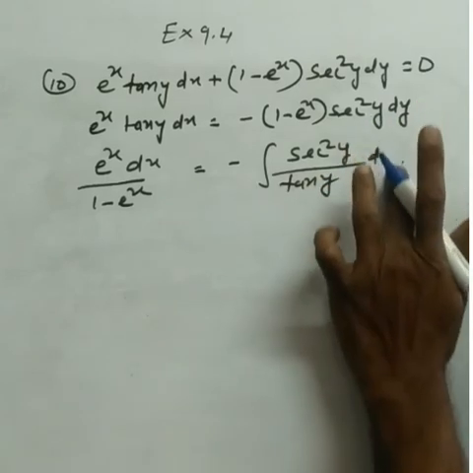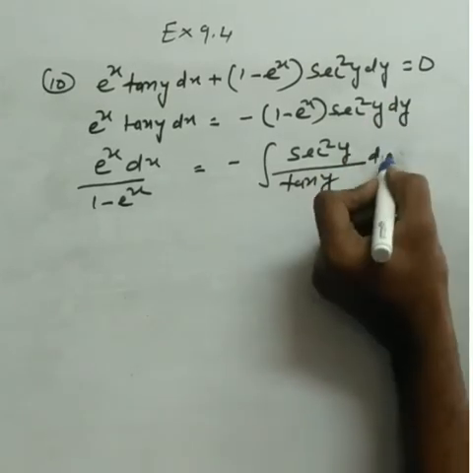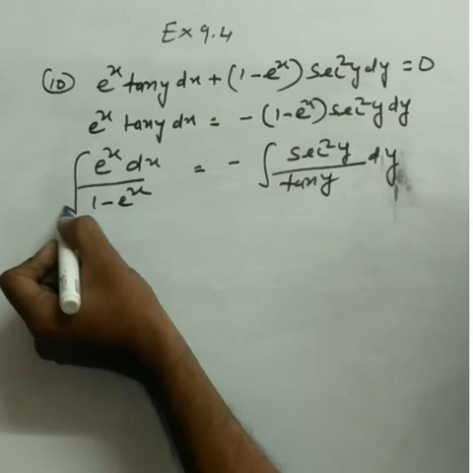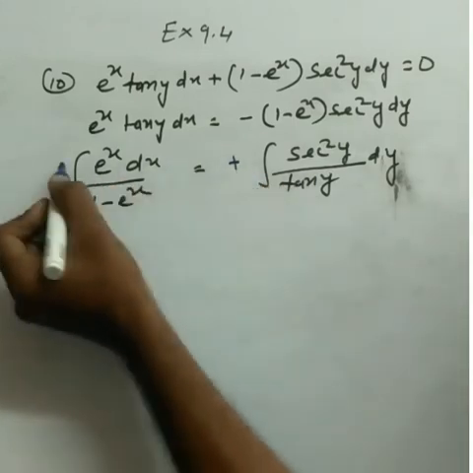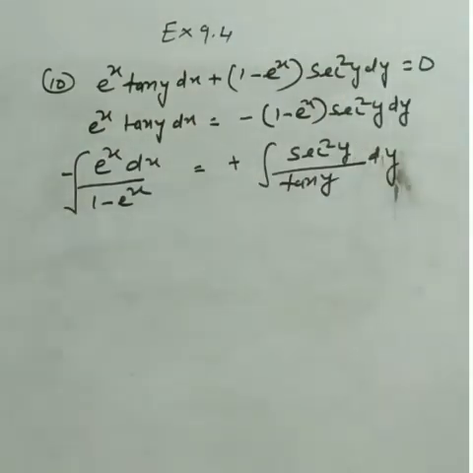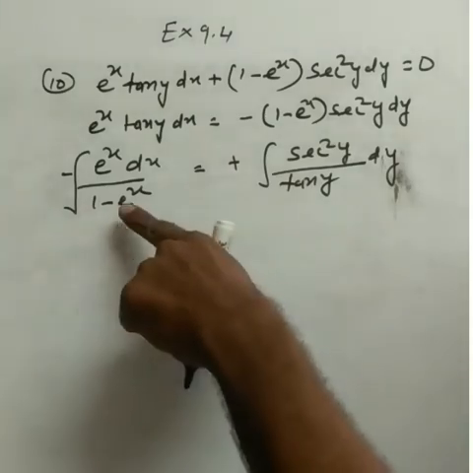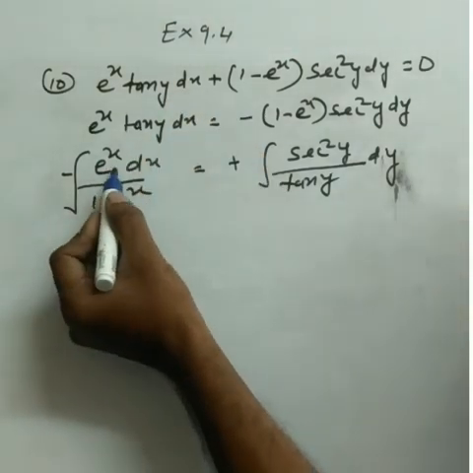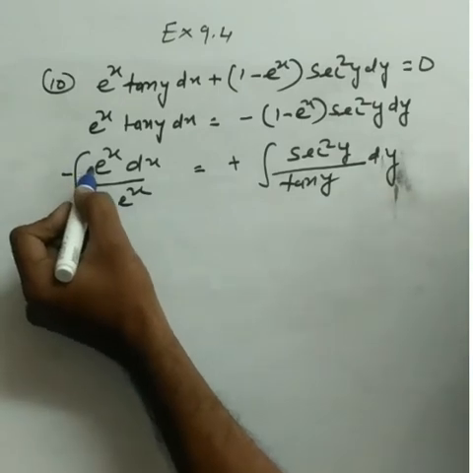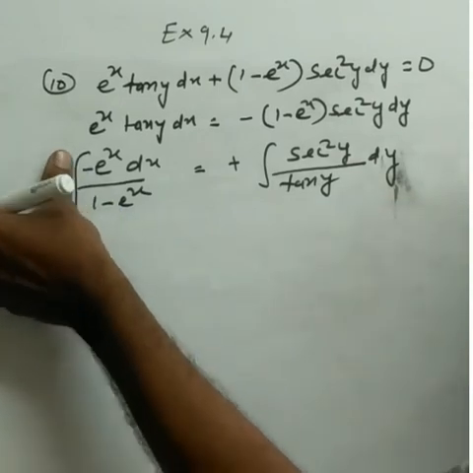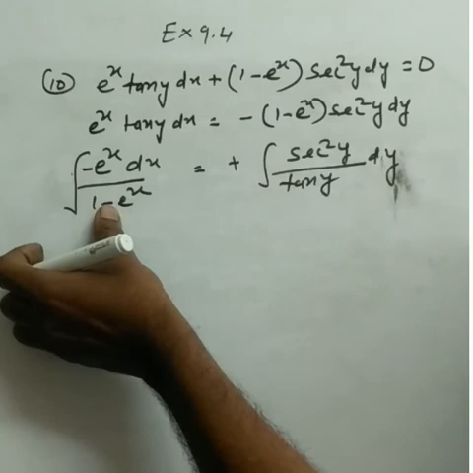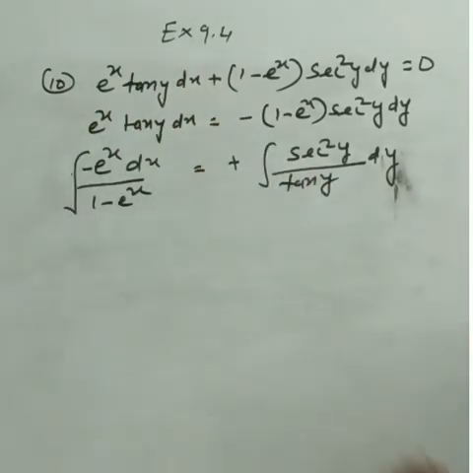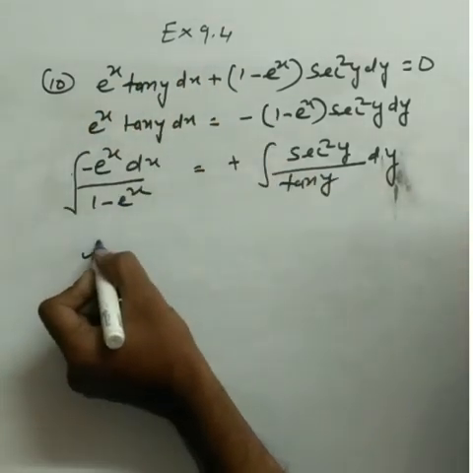Since the variables are separated, we can integrate both sides. So integrating. Shift this minus on this side. Now if we take this as t, it becomes dt. So dt upon t, this minus I am shifting inside the integration sign, so that when we take this as t, it becomes dt. dt upon t is log of t.